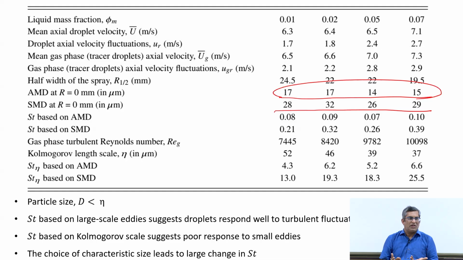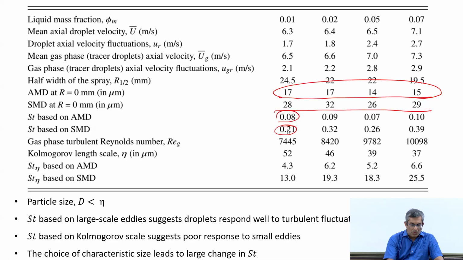Why? Because of the difference in particle size, and not only that, the Stokes number will increase by 4 times if you use SMD instead of AMD. Now you remember that you cannot define Stokes number based on a single size. You have to define some characteristic size, and here it is defined based on AMD and SMD. So you can see the difference here.